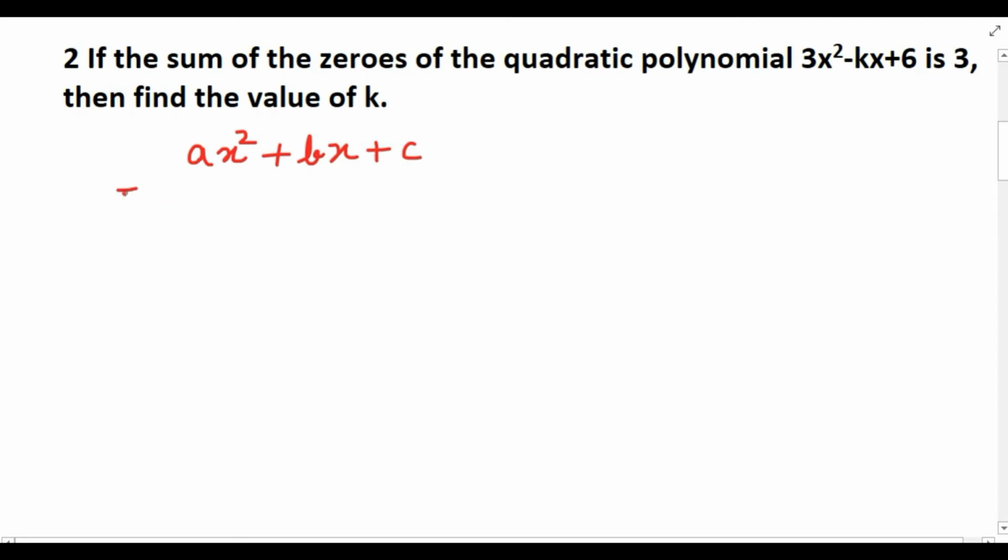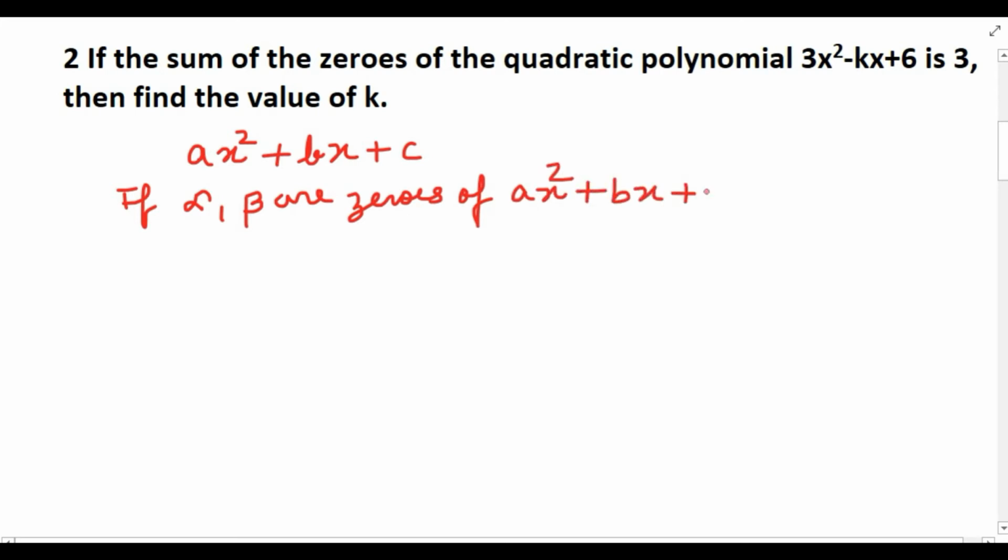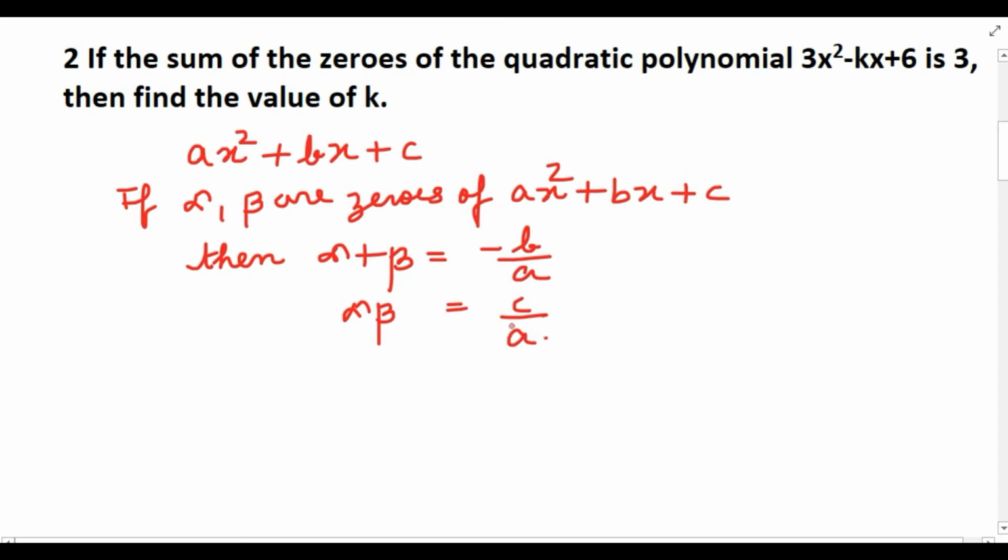If alpha and beta are zeros of this quadratic polynomial, then the sum of zeros, alpha plus beta, is given by minus b by a, and the product of zeros, alpha into beta, is given by c by a. Comparing the coefficients, a is 3, b is minus k and c is 6.